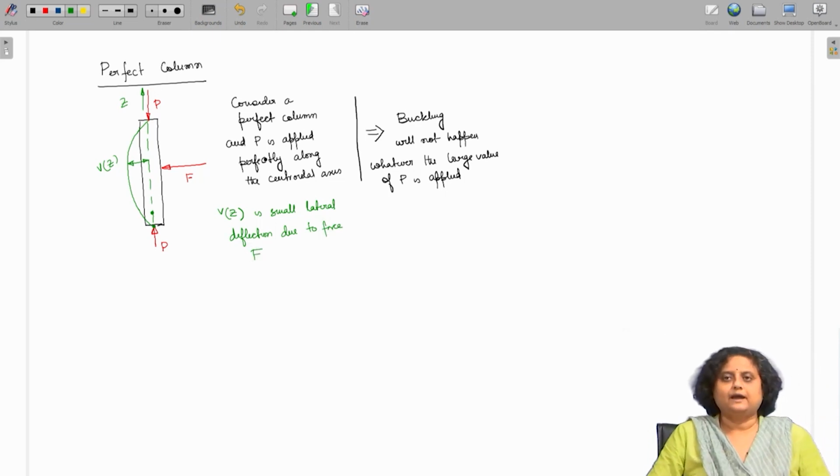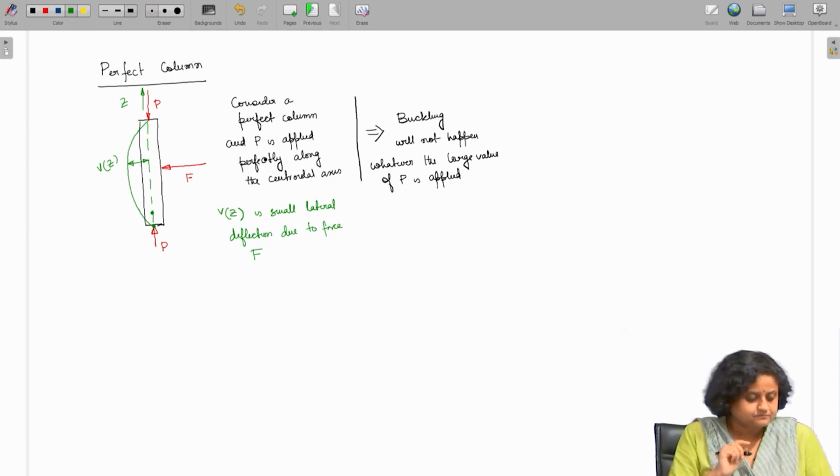Okay. So, the axial loads are still there. Apart from that, I apply a sideway force F, so that it deforms laterally, and let us call that the lateral deflection is V Z, which is very small.